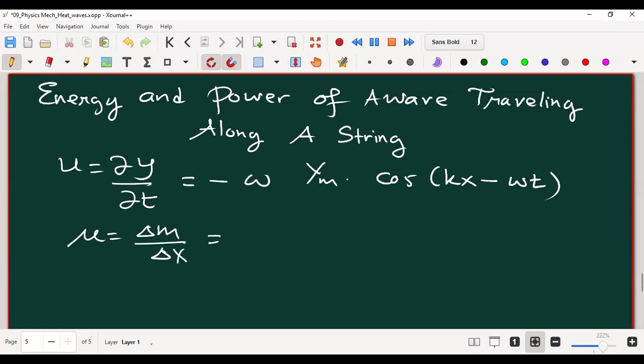Okay, this one is mu equal to dm/dx, or dm is the mass, this one is mu dx. So mu is mass per unit of length.